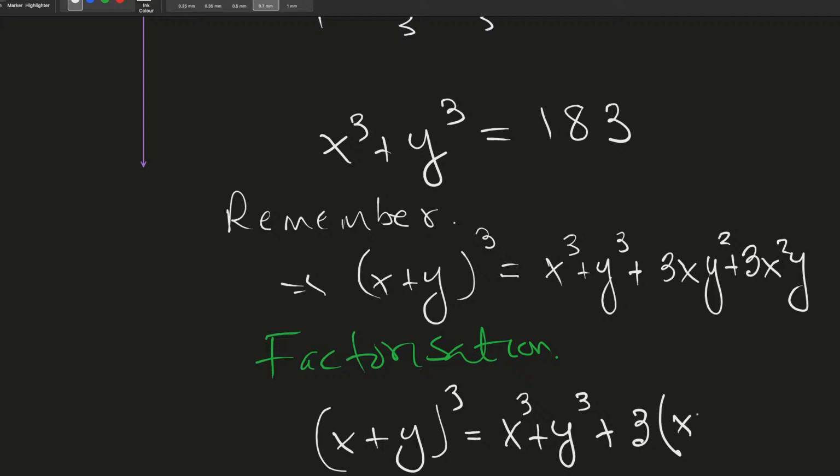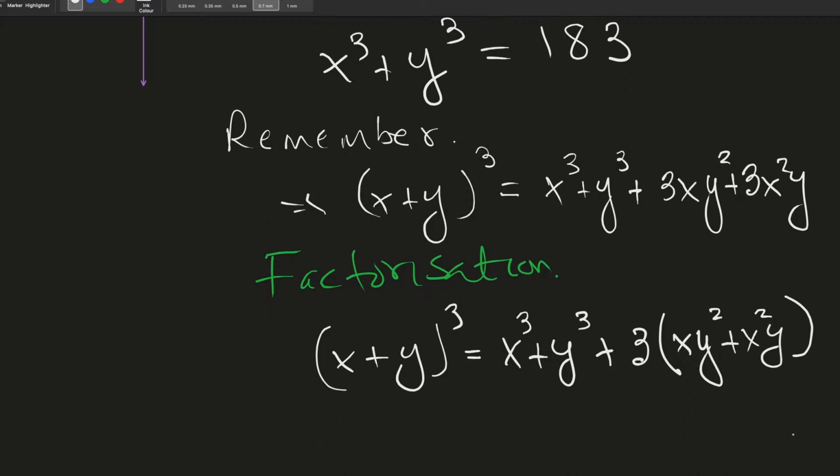This will be 3 times (xy squared plus x squared y). See, friends, I haven't done anything at all. I haven't changed the world. Please have a look at it. I haven't done anything different from what we know. All I've done over here is some factorization.